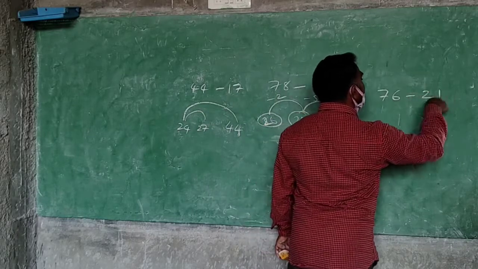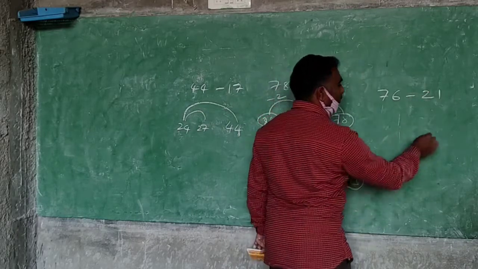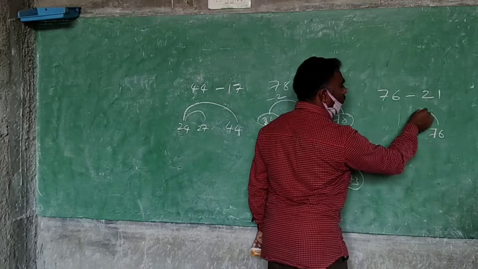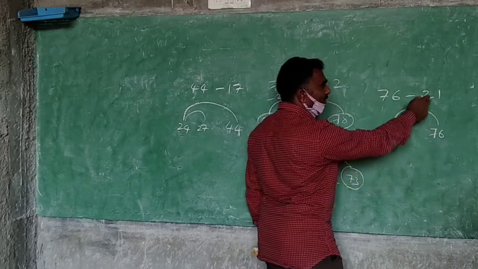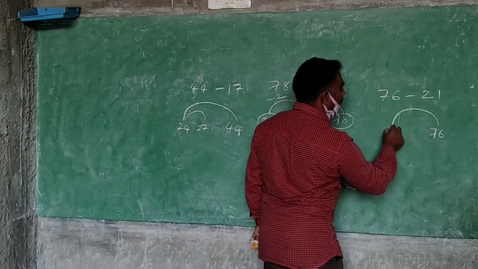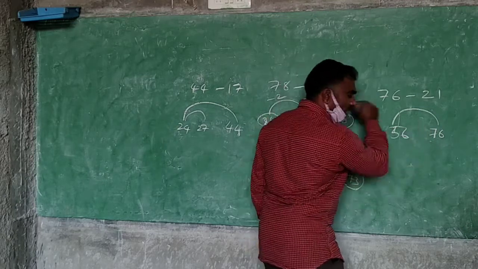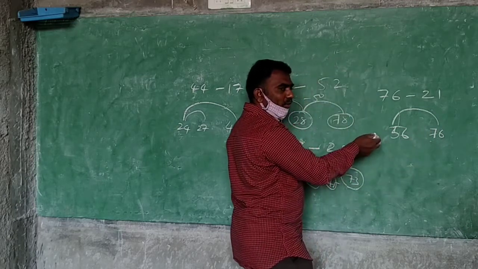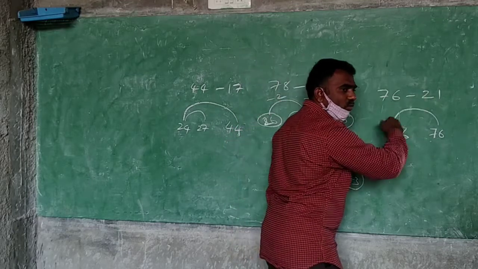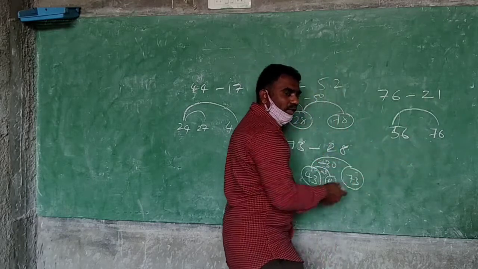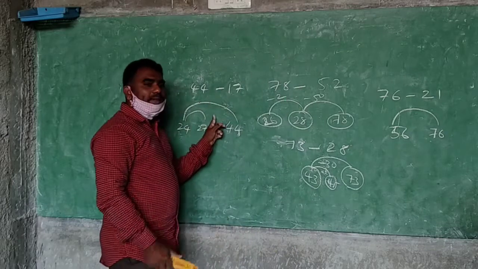76 minus 21. So what you will do? 76 to 20 because it is near to 20, no? Yes. 20 means what will come? 56 will come. Then here like this or like this? No man, extra taken means you have to go like that. Extra did not take, no. Here 17 means 20 taken, extra.